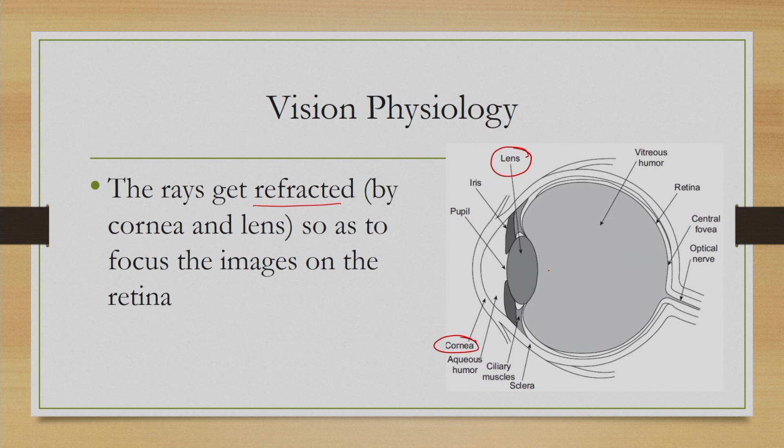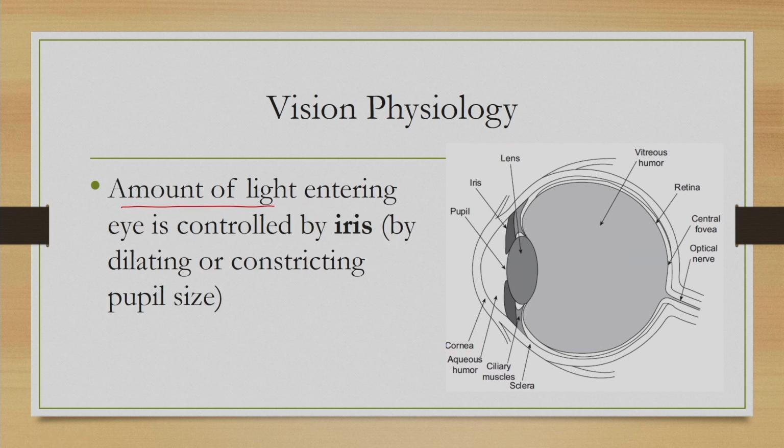Now, once the light rays fall on the retina, image is formed and then it is transmitted to the brain through optical nerve. Amount of light that is entering the eye is controlled by iris, this component, and that is done through the process of dilation or constriction of the pupil. This is the pupil.